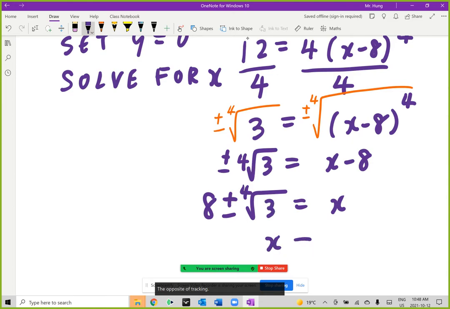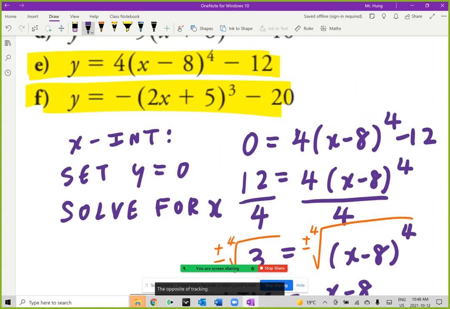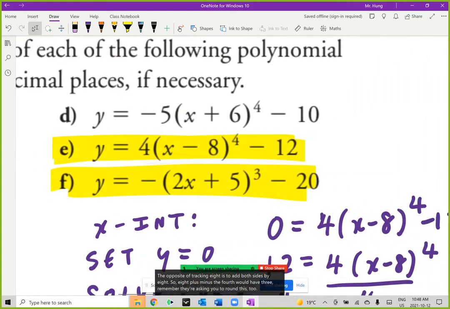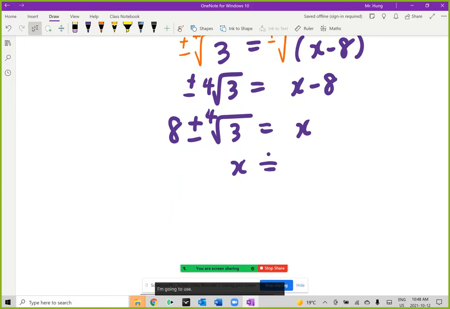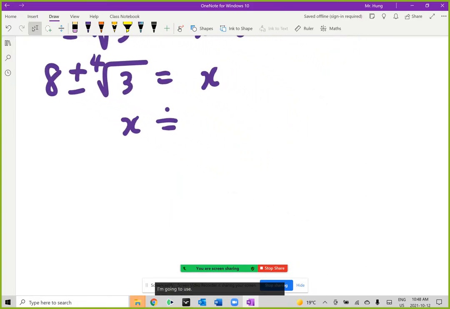Now remember, they're asking you to round this to 2 decimals. So when I go back, I'm going to use the calculator and work it out. In the first case, that's going to be 8 plus 3 to the power of, in my calculator, I'm going to use 1 divided by 4.